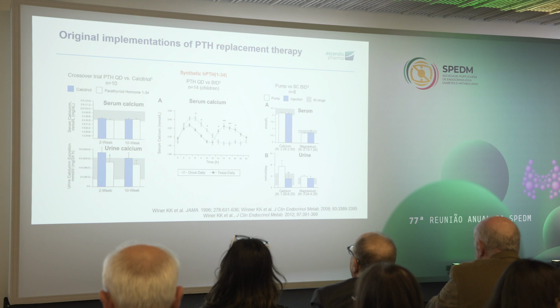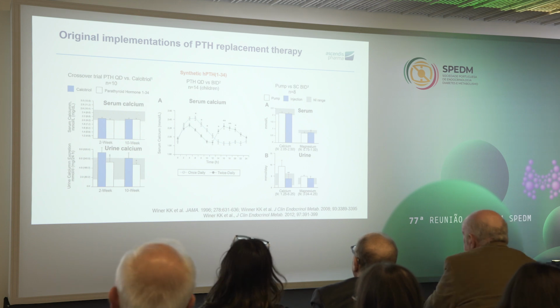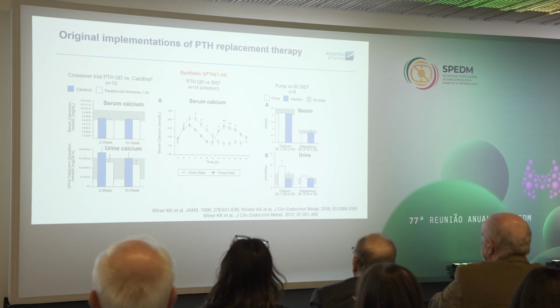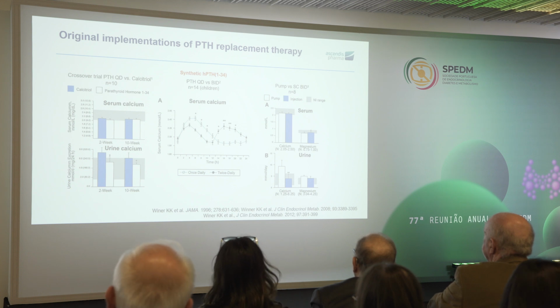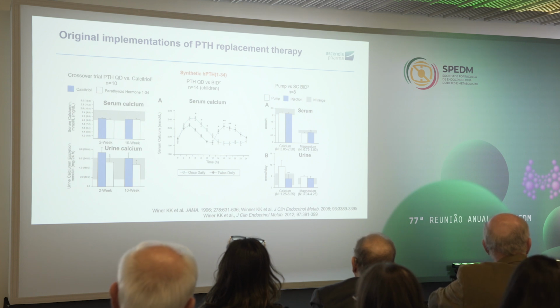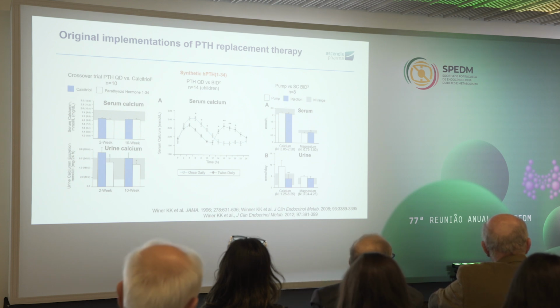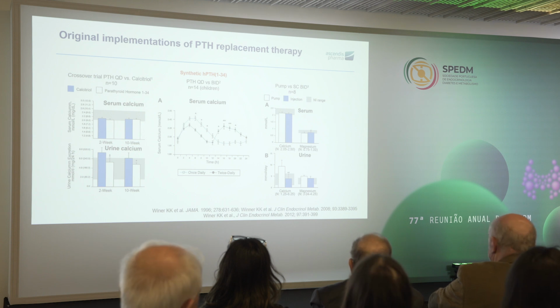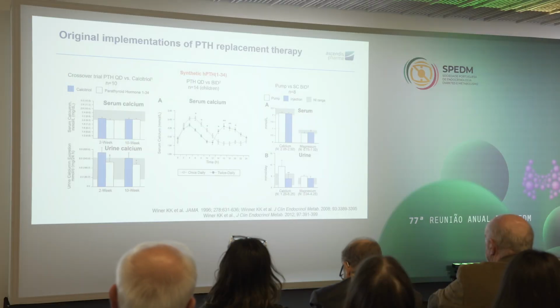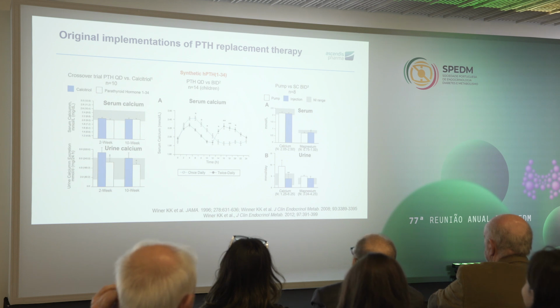Just to make a small historical analysis, PTH replacement therapy was no new concept. So here are the studies of Karin Weiner. They are more than 30 years ago. And here you can appreciate that she and her group used teriparatide. These are the first studies where they used once versus twice daily teriparatide in children. And as you can appreciate here, the fluctuations in calcium were much less with this twice-daily regimen of teriparatide.